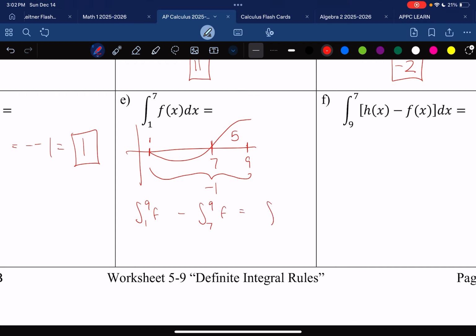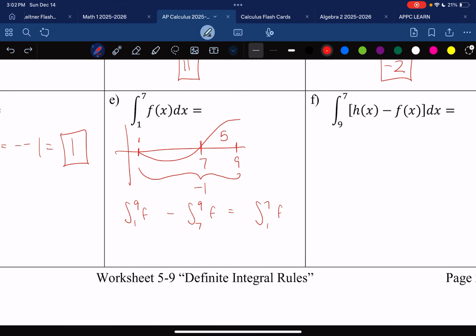That should give you the integral where the last two pieces got cut off, and now I only have from 1 to 7, which is what I'm after. This is what I should have written automatically. I did too much by writing this. And I can say now this is going to be 5. Wait, that's not the total. The total is negative 1. Negative 1 minus 5 will give me my final answer, which is negative 6 for my final piece.